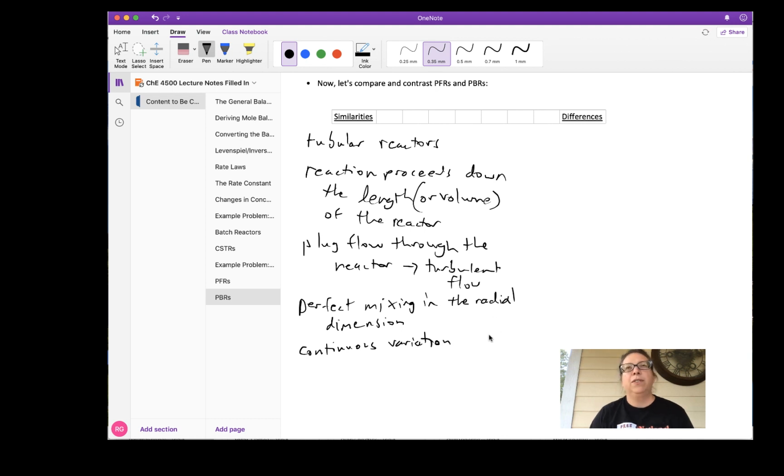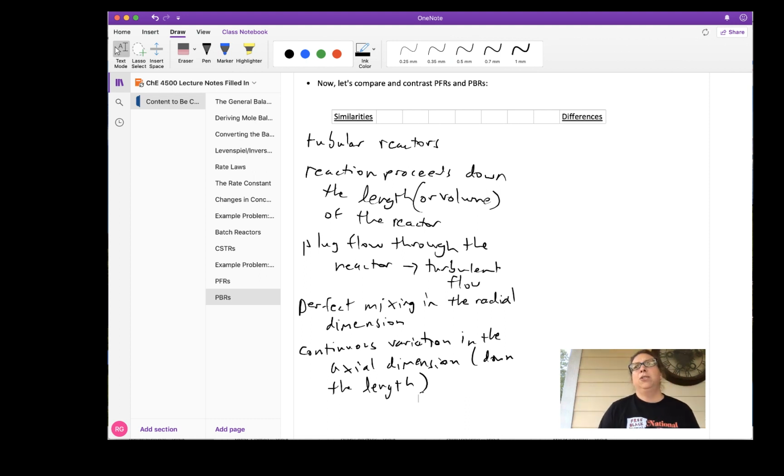When I say continuous variation, I mean in the reaction properties, such as the concentration and the temperature, down the length.